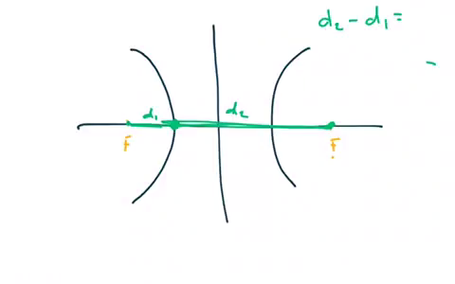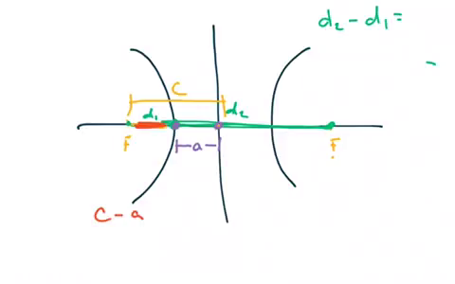I know the distance from the center to the vertex is A. So this distance is A. And I also know the distance from the center to the focus is C. So this gap right here, in orange, is going to be C minus A. It is the difference between these two points.